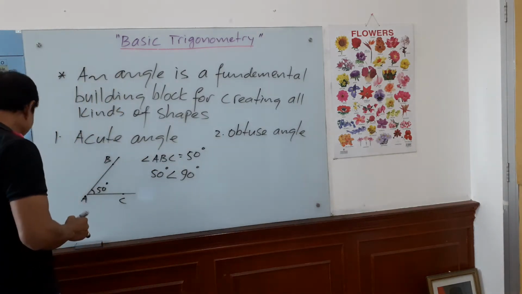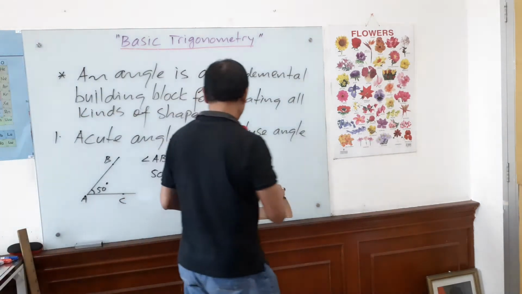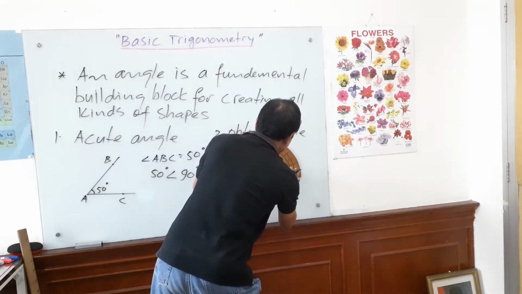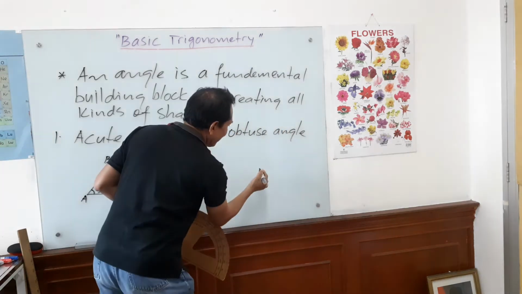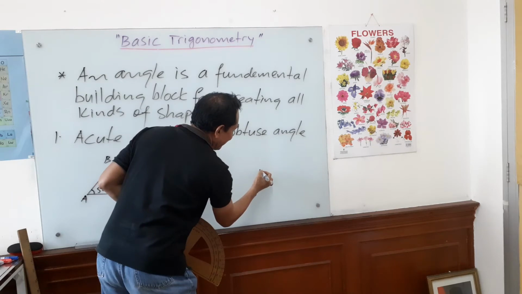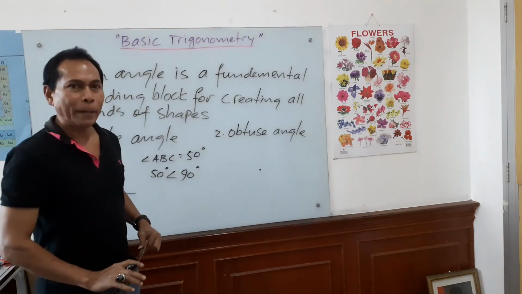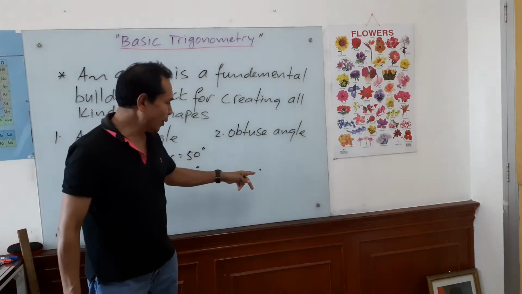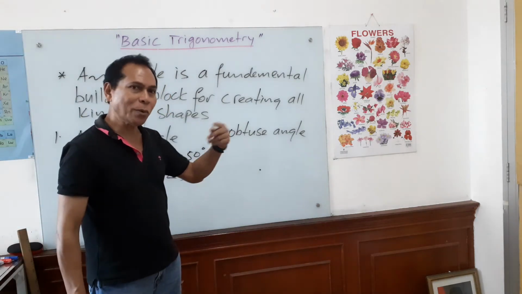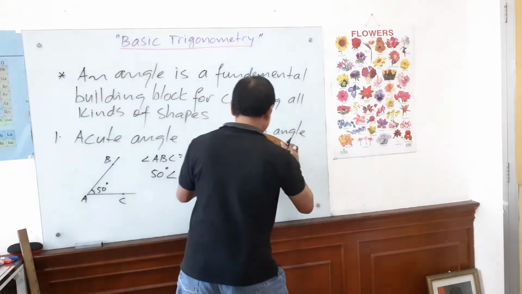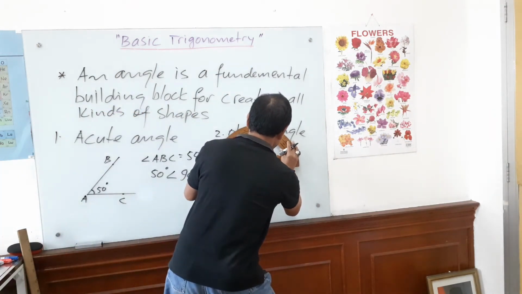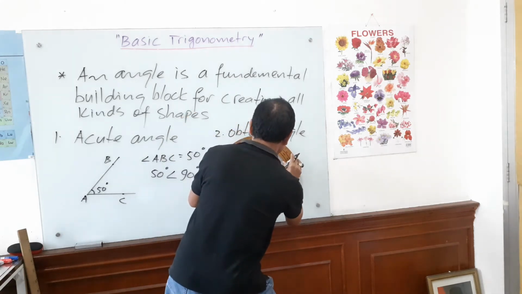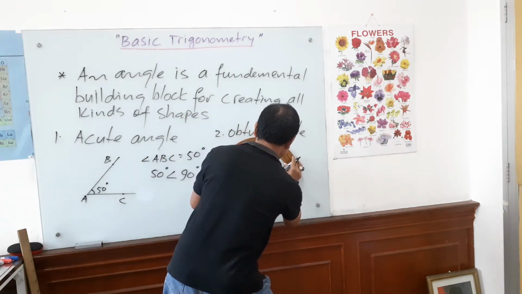Okay, let's make one here, an obtuse angle. First we put a point here. As we mentioned before, with this point you can draw a lot of things. Now we want to make our obtuse angle a little bit down here.